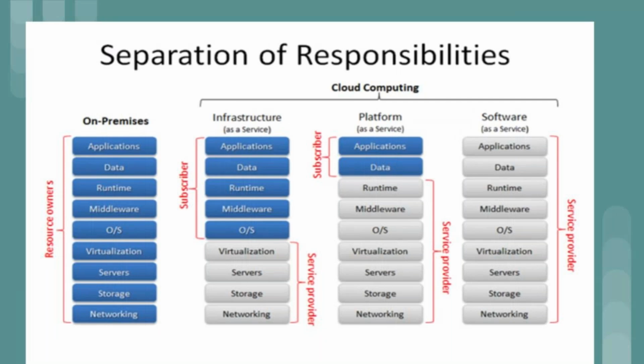So if you consider these two, you have on-premise and cloud computing. What's the difference? In an on-premise application, I, as the owner of the application, the resource owner, have to take care of everything, right from networking to application, where I have to define my own operating system and middleware. I have to look after my servers and make sure the storage capacity is properly done, all these things.